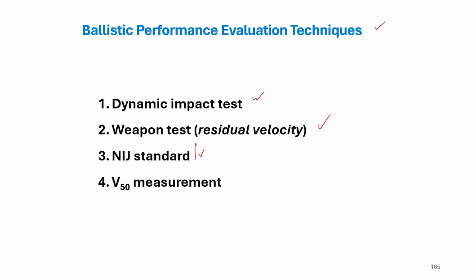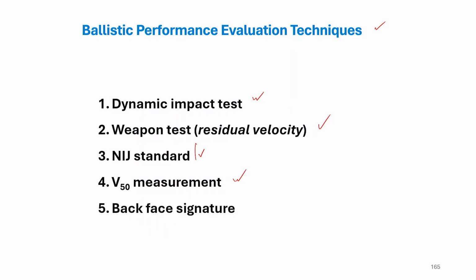And the fourth one is the V50 measurement, that is the velocity where the probability of penetration is 50%. So, these four different types of performance evaluations are there.